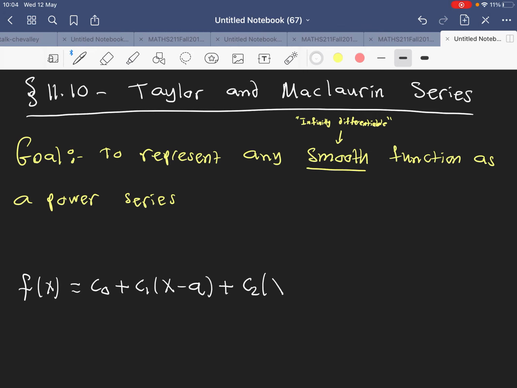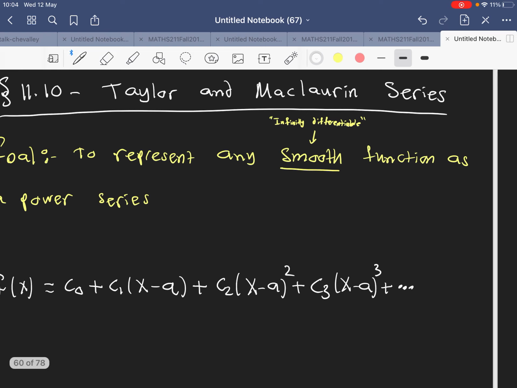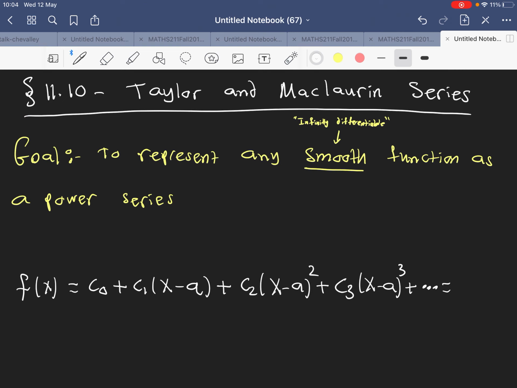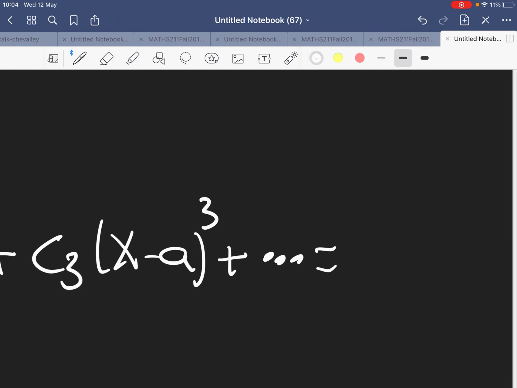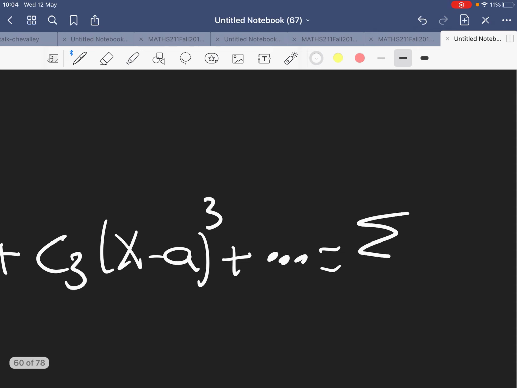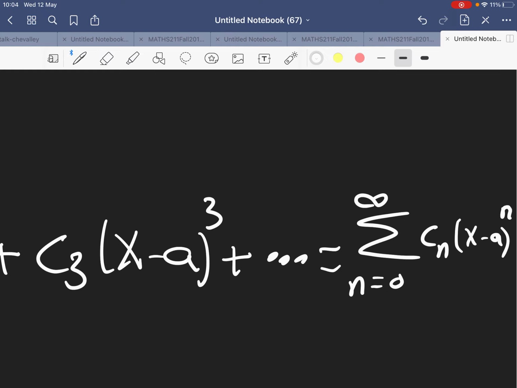Of course, I will tell you exactly my center in the question so that you can use it. c3 times (x minus a) to the power 3, and so on. Which, if we write it in sigma notation, is the summation from n equals 0 to infinity of c_n (x minus a)^n.